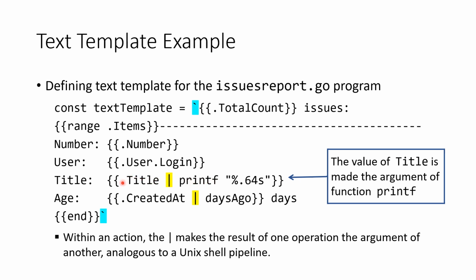So the result of the first operation is the current value of Title, and the current value of Title is made the argument of the second operation, which is the printf function.